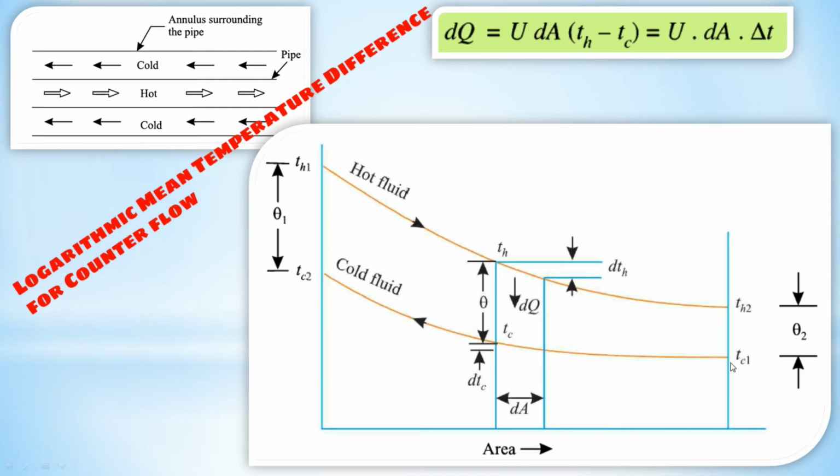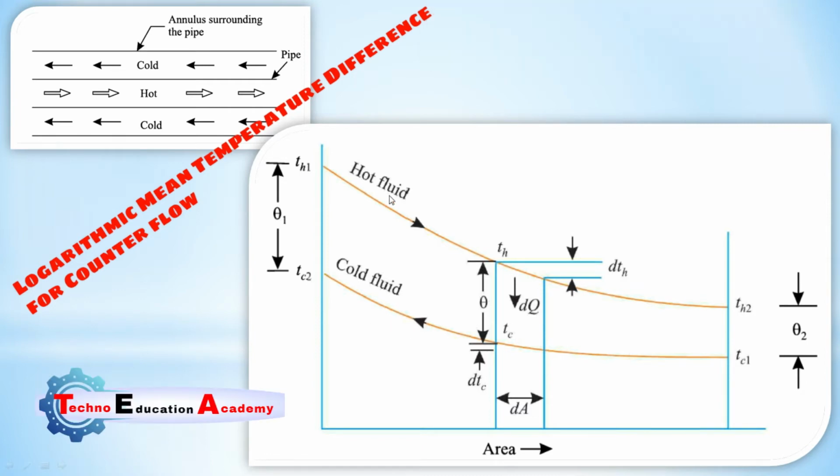TC1 is the temperature of cold fluid, and TC2 is the temperature of cold fluid at outlet. Theta 1 and theta 2 are the temperature differences at the inlet side and outlet side. So theta 1 equals TH1 minus TC2, and theta 2 equals TH2 minus TC1.